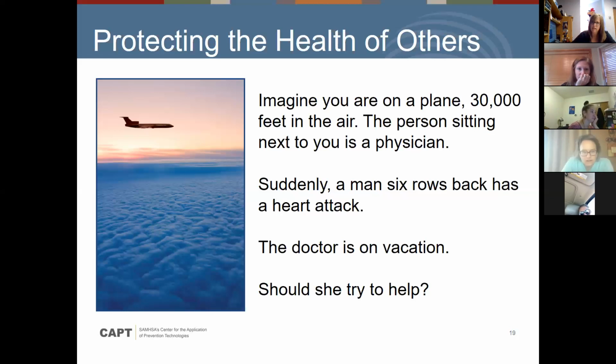Where are we obligated to intervene or help out or act outside of work? Say we're sitting on a plane 30,000 feet in the air and the person sitting next to us is a parent of an addicted kid and they just start chatting away. We can give information and educate them.